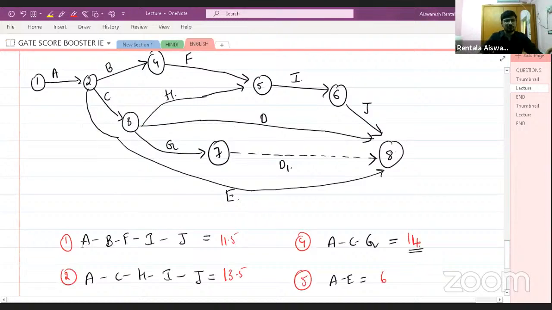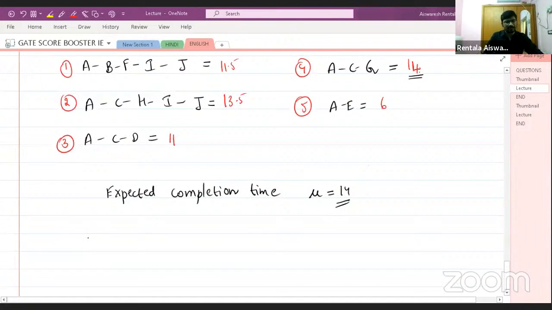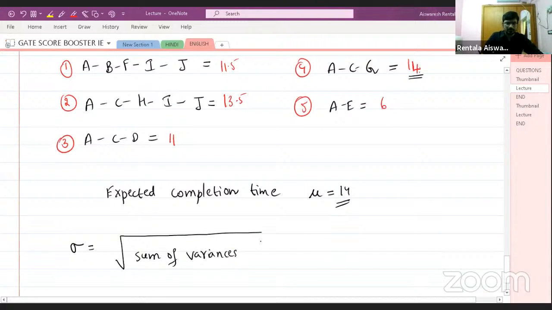The second question was to find the standard deviation, right? So how to find the standard deviation? The standard deviation will be equal to the square root of the sum of variances of critical activities.